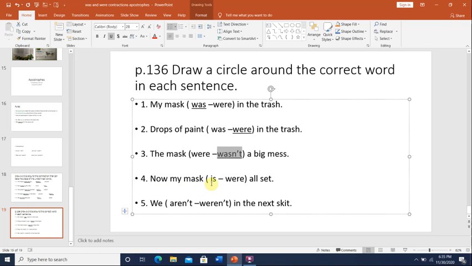Which one shows you that it's happening now? Is. So the answer is: now my mask is all set.